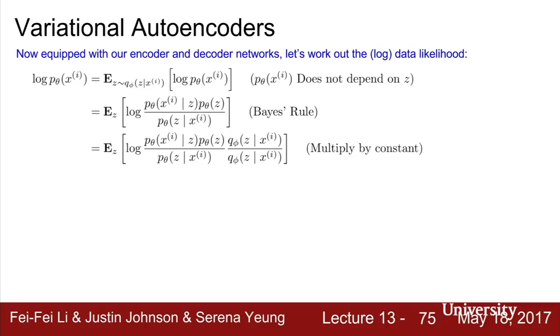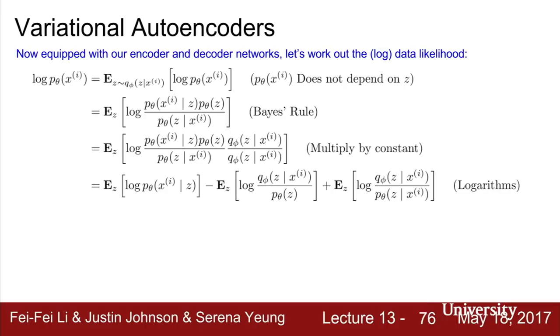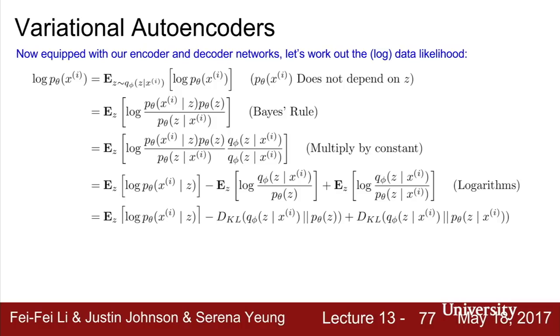It doesn't change anything, but it's going to be helpful later on. So what we'll do is write it out into these 3 separate terms. You can work out this math later by yourself, but it's essentially just using logarithm rules, taking all of these terms from the line above and separating them out into these 3 different terms that will have nice meanings.